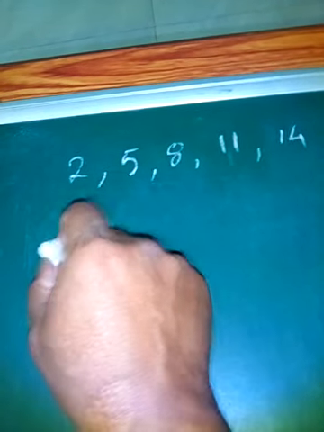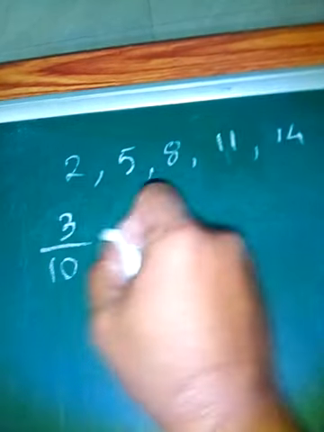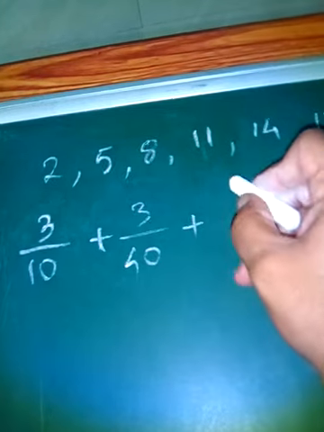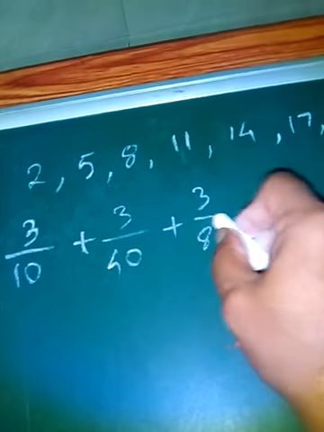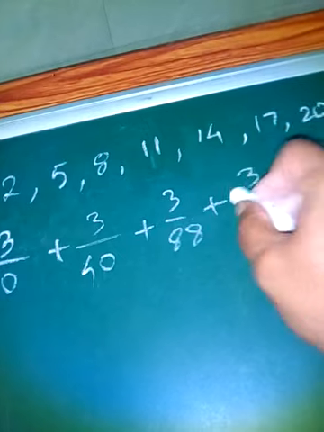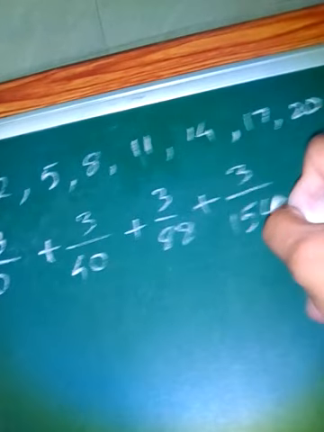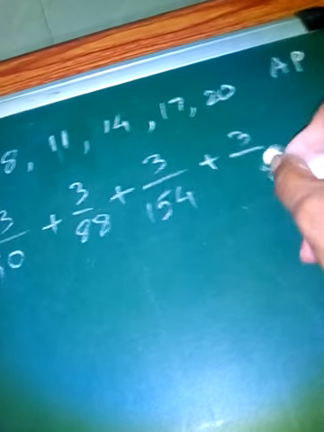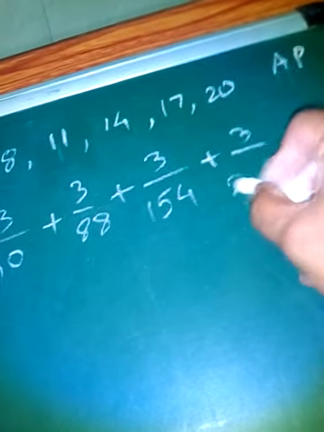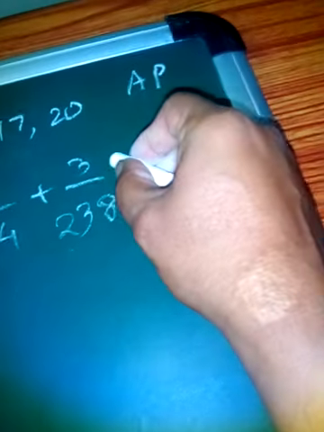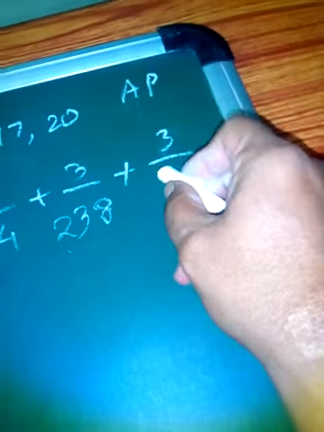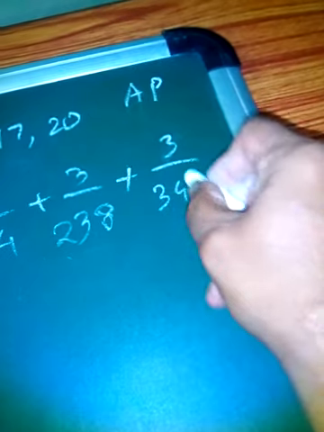So I will do 3 upon 2 into 5, 10, plus 3 upon 40 plus 3 upon 88 plus 3 upon 154 plus 3 upon 238, that is 14 by 17, plus 3 upon 340.